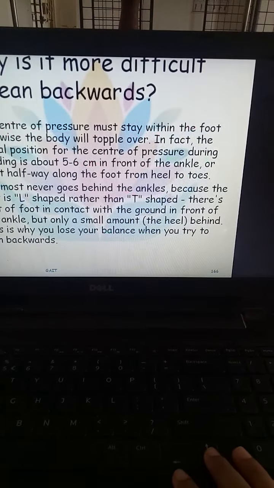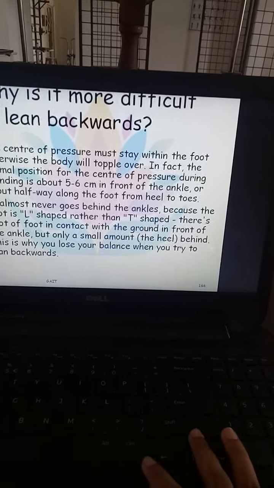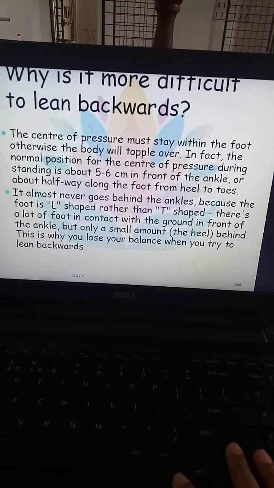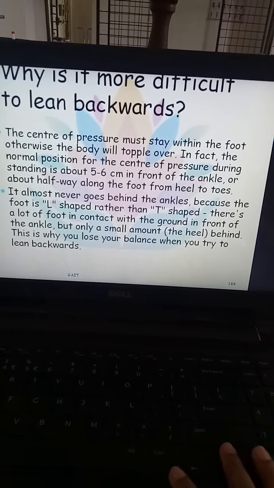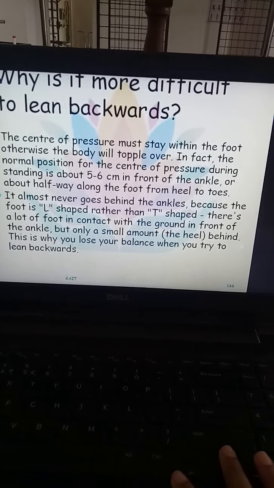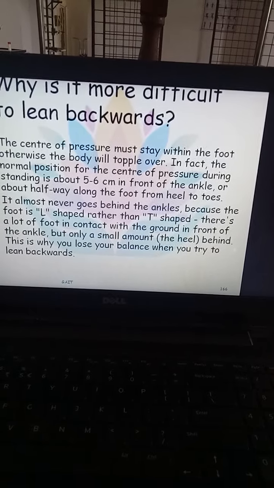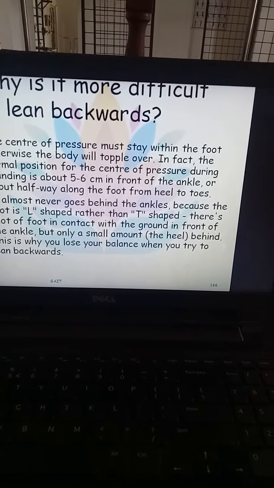So why is it more difficult to lean backward? Because the center of pressure must stay within the foot, otherwise the body will topple over. Whenever we are walking and whenever we are standing, the center of pressure stays within the foot.